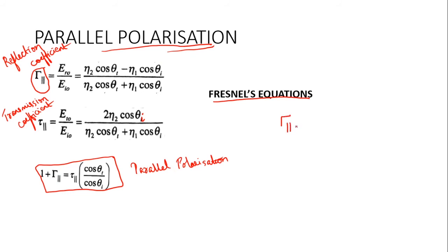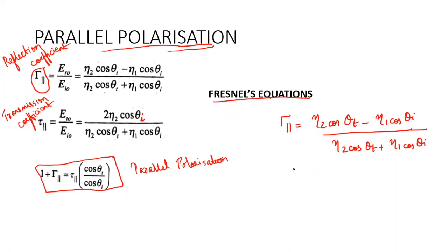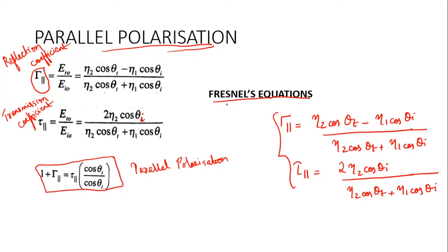So the reflection coefficient corresponding to parallel polarization is eta 2 cos theta t minus eta 1 cos theta I divided by the same terms in the denominator also, eta 2 cos theta t plus eta 1 cos theta I. And the transmission coefficient corresponding to parallel polarization is 2 eta 2 cos theta I divided by eta 2 cos theta t plus eta 1 cos theta I. These are the two equations corresponding to parallel polarization, also called Fresnel's equations.